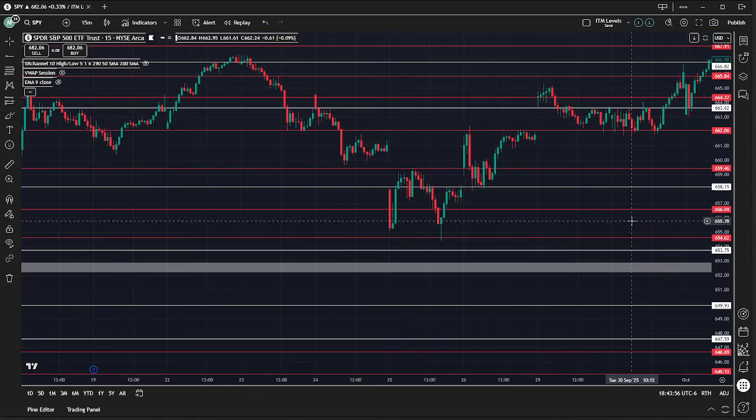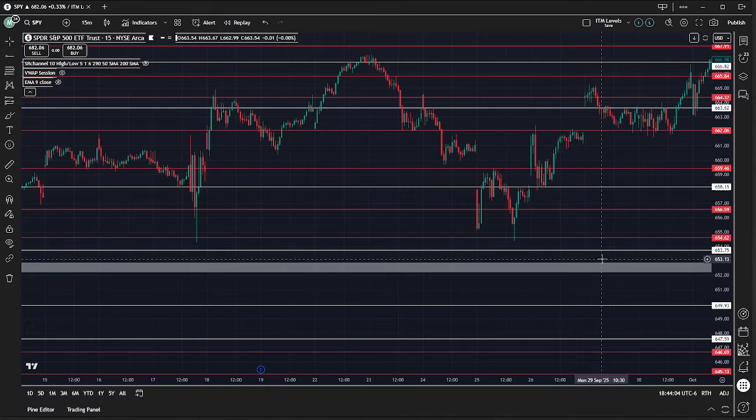I'm just gonna leave this demand zone right here, 654.62, and probably just have to adjust it once we get back to these ranges right here.